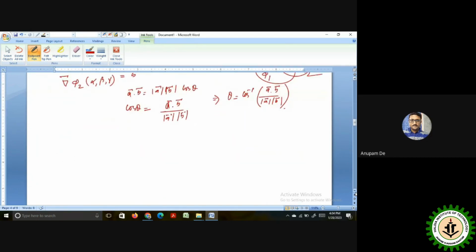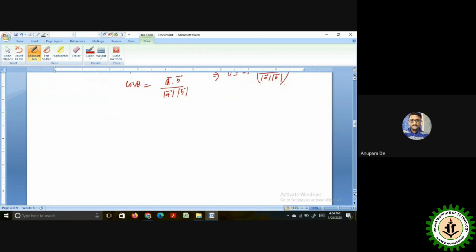I'll be giving you some problems, or you can see them in my practice sheet. If you have already received that, you will see that problems of that kind are already there. How many problems have I told you till this point? Find the directional derivative, that is one type of problem. Find the outward drawn normal to the surface, that is one.